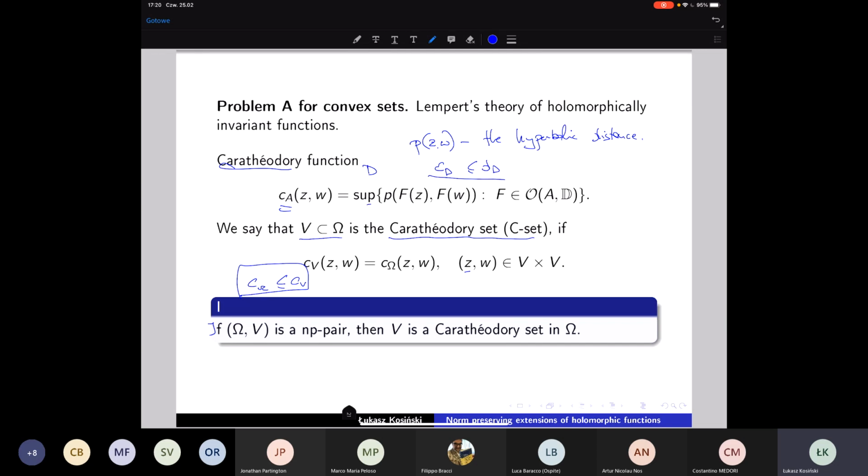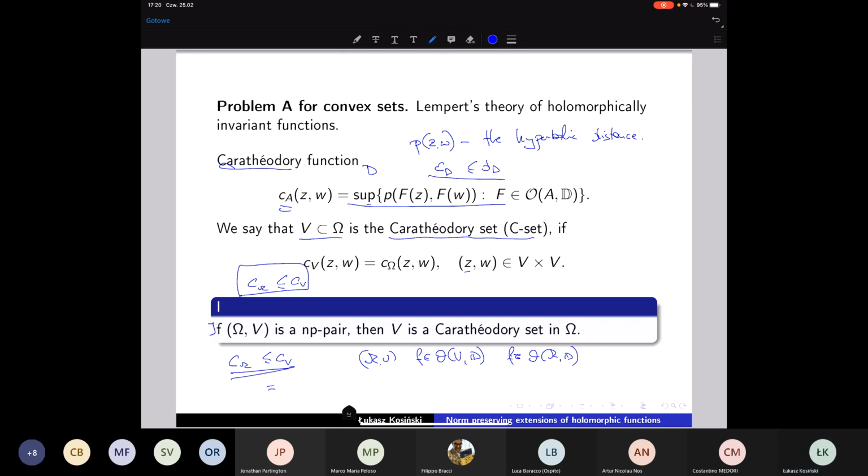This is because, as I said, C_omega is always less than C_V. On the other hand, if omega, V is an NP pair, then any function in this family can be extended to a function on the whole omega. So actually we take the supremum over the same family, then these two functions are equal.